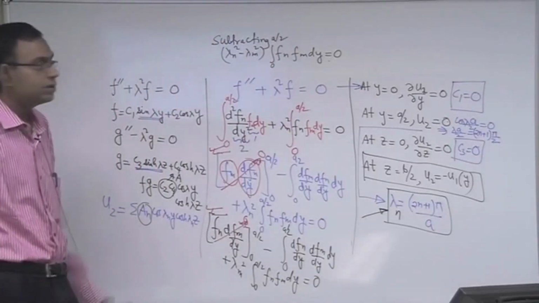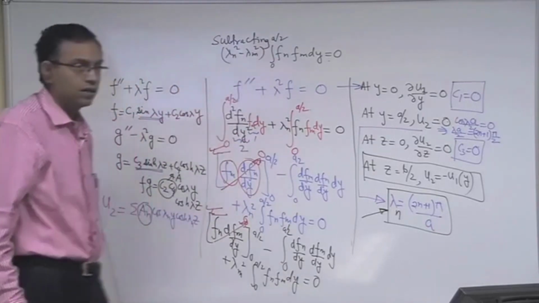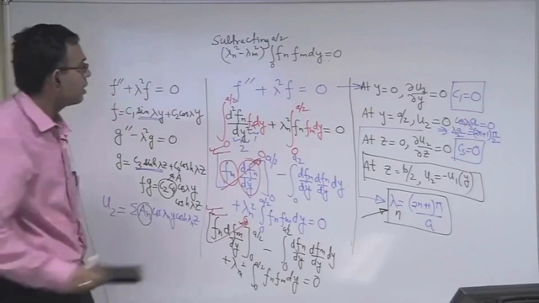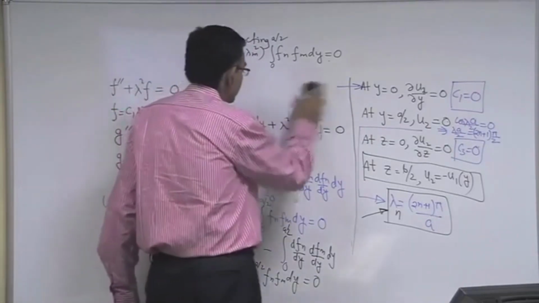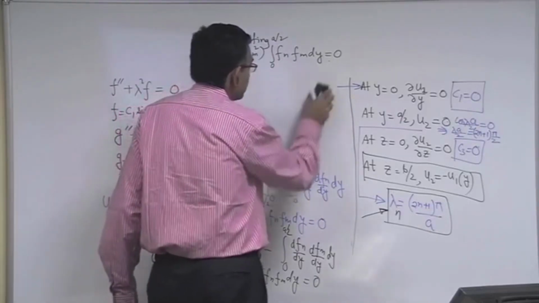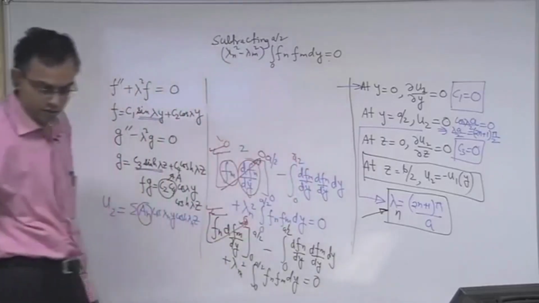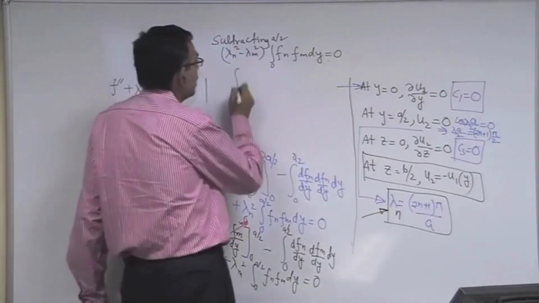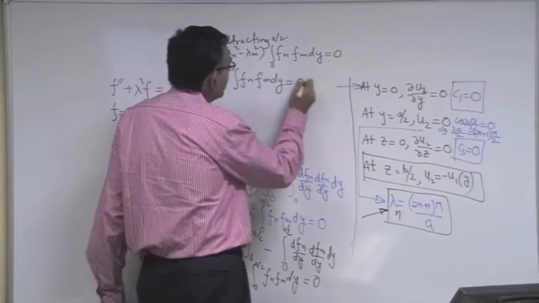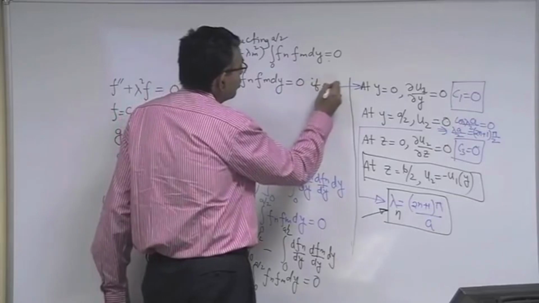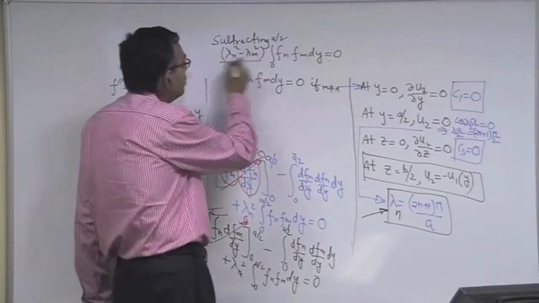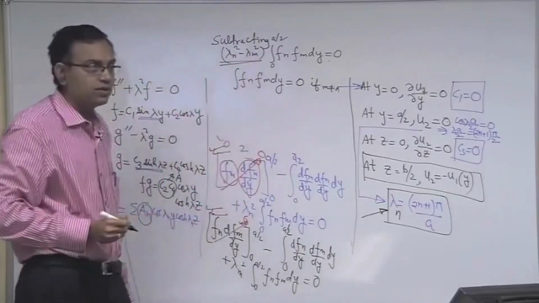What can we conclude? If this is 0, then to generalize, integral f_n f_m dy is equal to 0 if m is not equal to n, right, because if m is not equal to n, this term is non-zero in general.